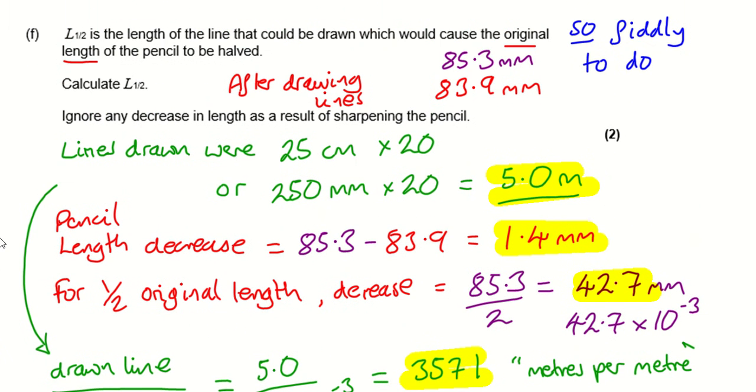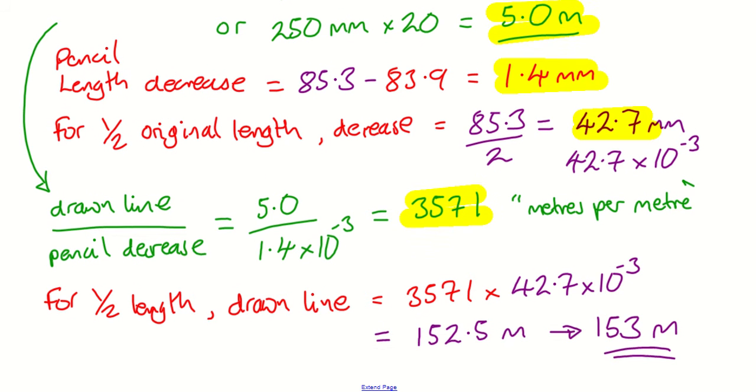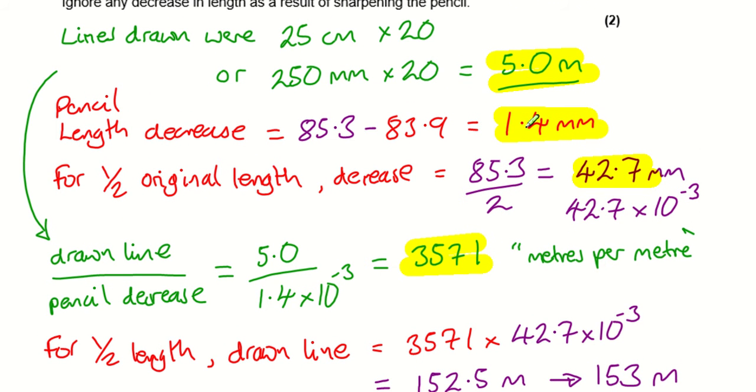You could do it other ways. You could have said it wore down by 1.4 millimeters when we drew a line 5 meters long. So for it to wear down by 42.7, you could have done 42.7 divided by 1.4 multiplied by 5.